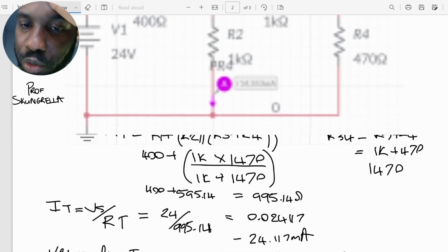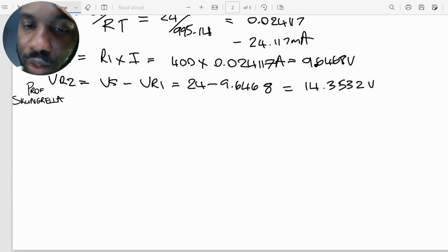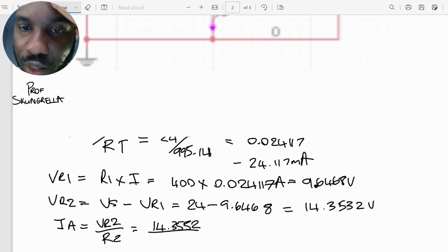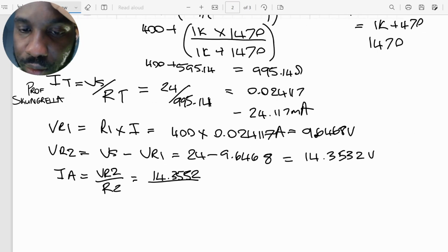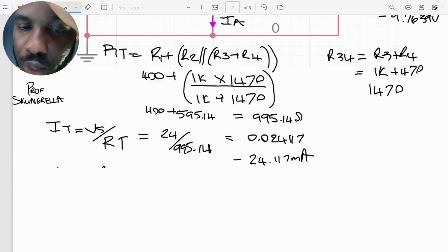Right, so knowing VR2 now, we can find the current going through this, because since we know the voltage across here and we know the resistance there, we can find the current. IA is going to be equal to VR2 over R2, which is Ohm's law. So we have 14.3532 over 1K, and that gives us 14.3532 milliamps. If we know the current in IA, then we can know the current in IB, because these two currents need to add up to the total current.